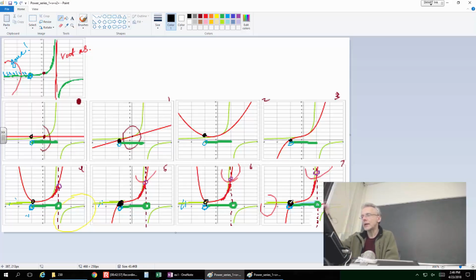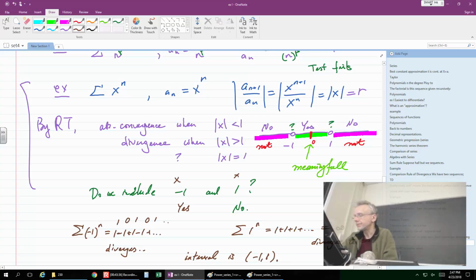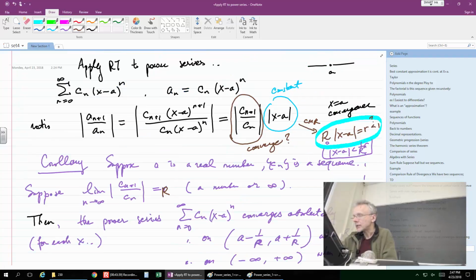The red polynomial crosses the x-axis at -1, but the other one is supposed to be 1, so it oscillates between -1 and 1, and so we have divergence again, even though there is no running away. So the interval of convergence is (-1, 1), excluding the endpoints. That is our theorem once again.